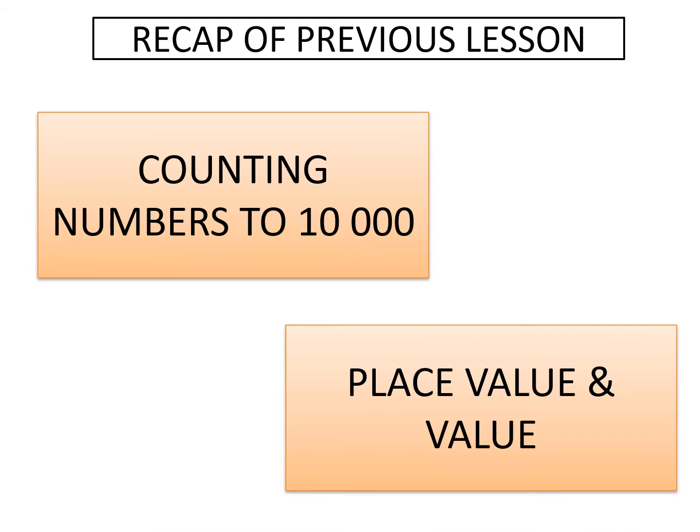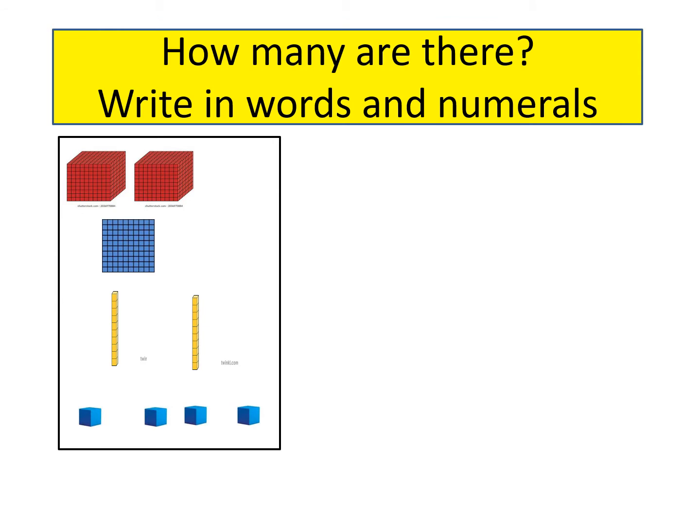Today we are going to recap our previous lesson, which is counting numbers to 10,000 and place value and value. This is the one that we did last time we learned maths. So as usual, you're going to write in numerals and write this in words.